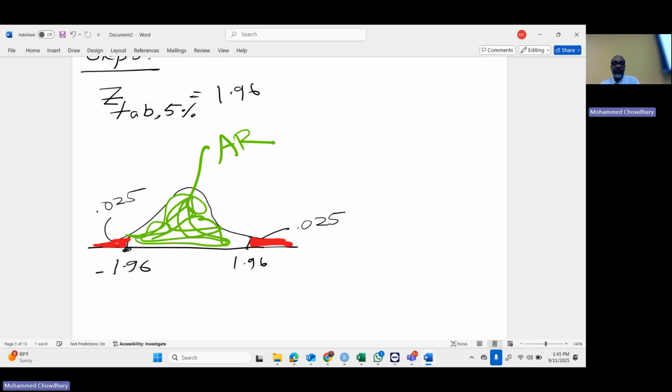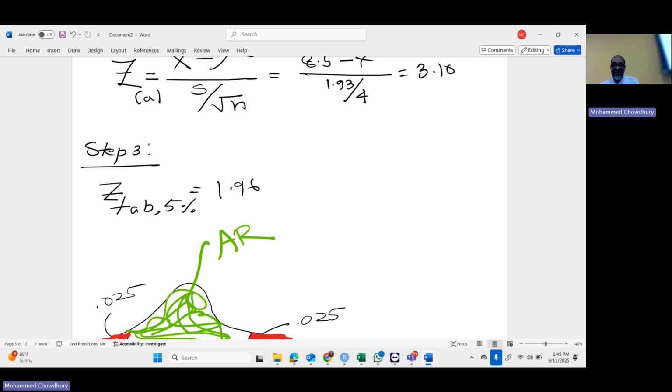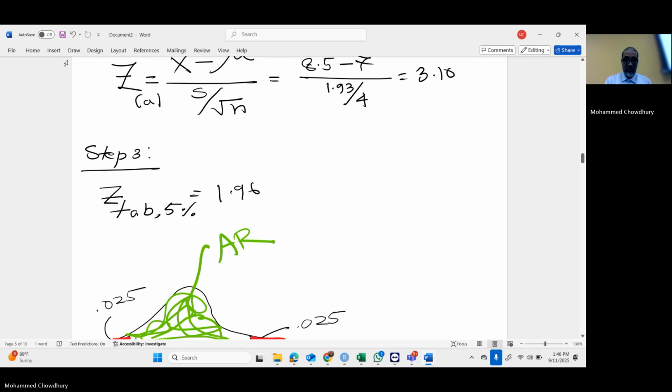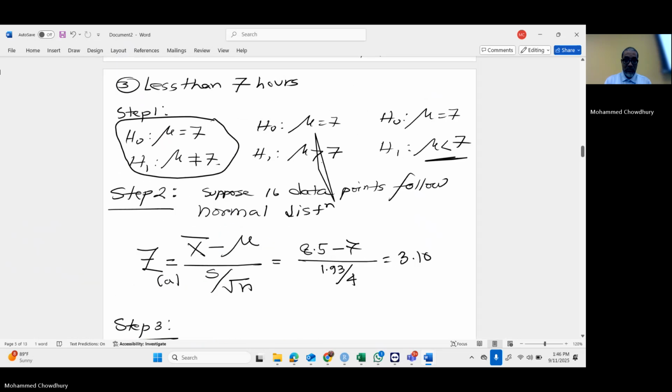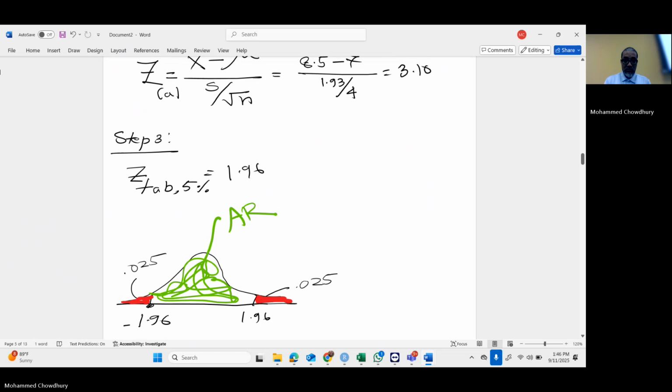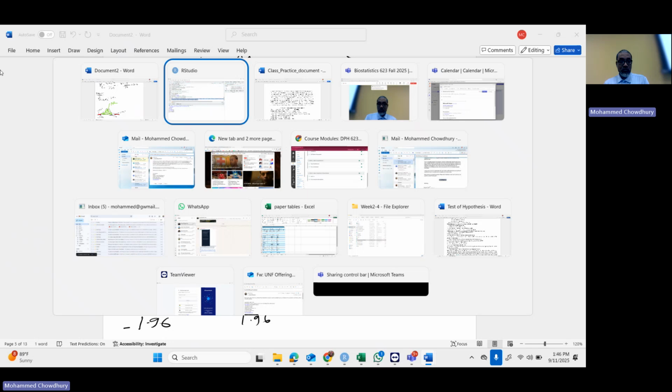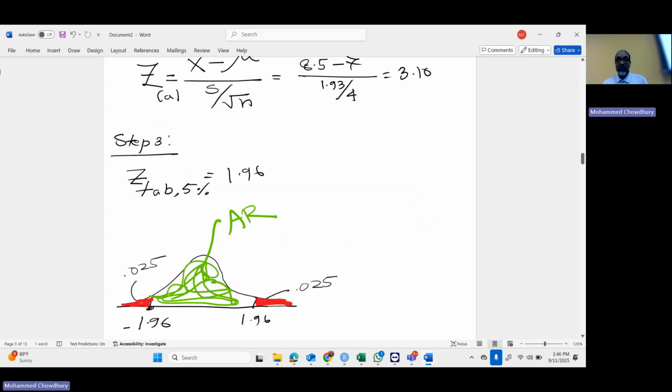Can anyone tell me where this 3.10 falls? It falls in the rejection region, right?